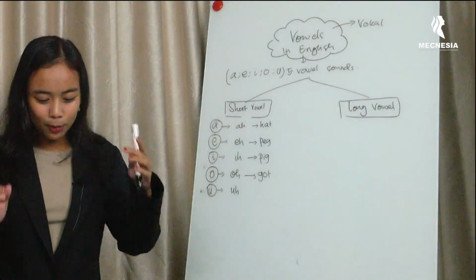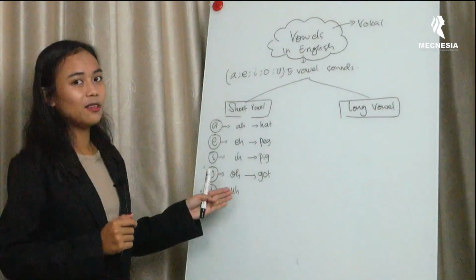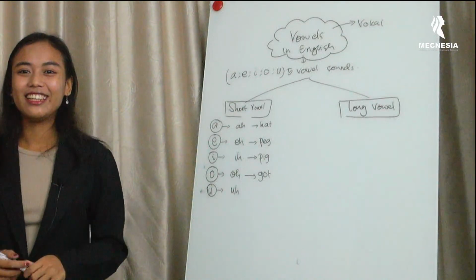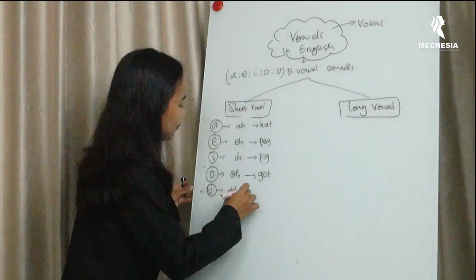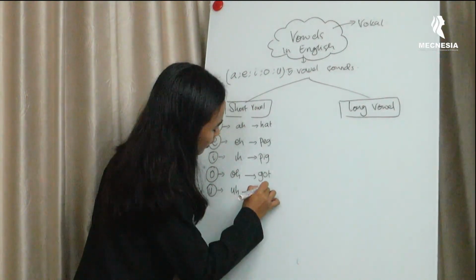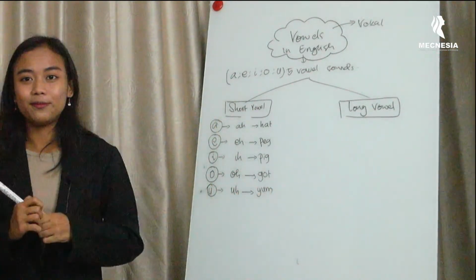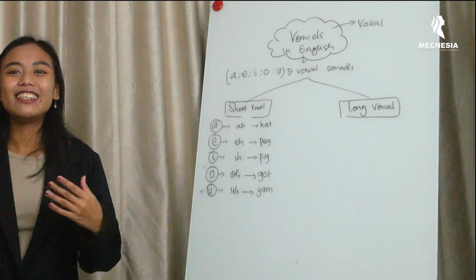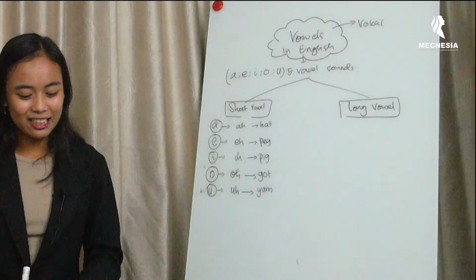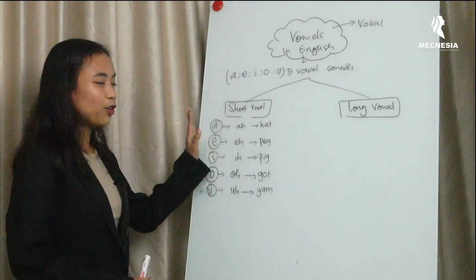And then next, we have a. A sound will be found in the word yum. Let's say it together. Yum. Okay, so, well guys, that's for the short vowel.